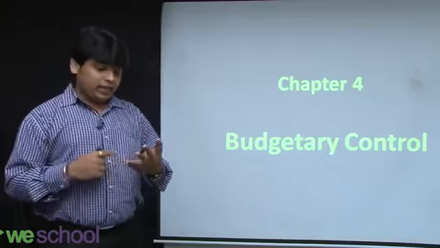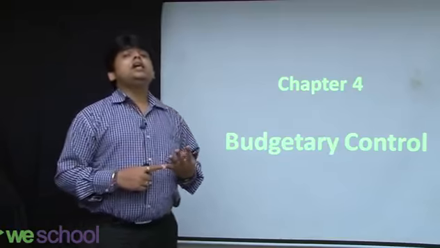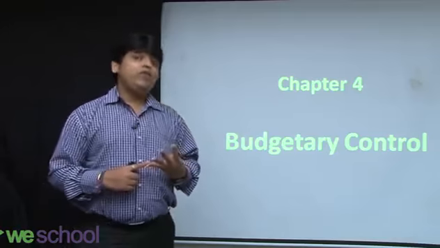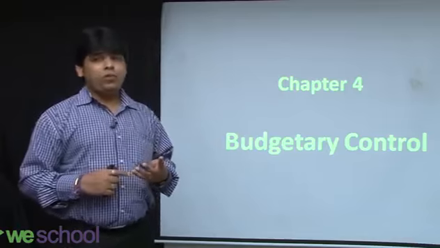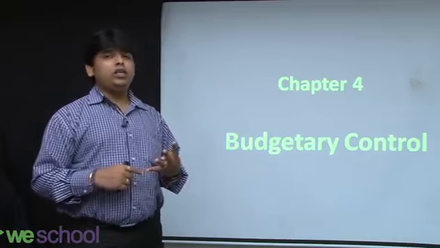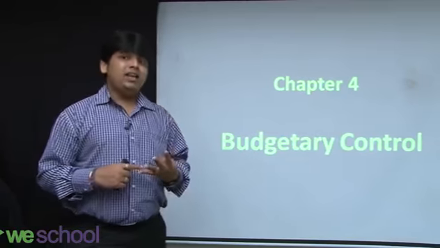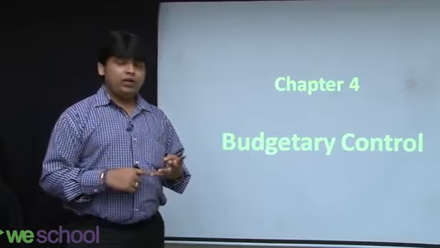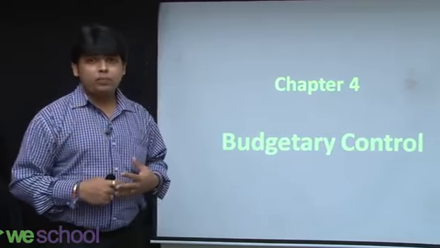Then cost accounting deals with various techniques which help the management to take various decisions regarding profitability, regarding level of activity, regarding continuing or discontinuing a particular department, regarding whether to buy or to produce in our own company, whether to accept the quotation price or not.